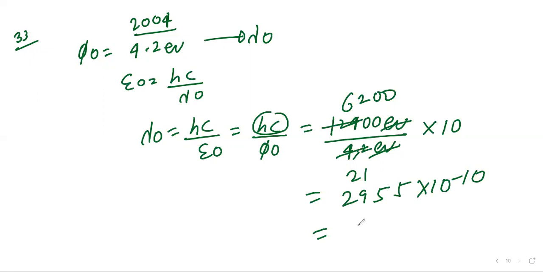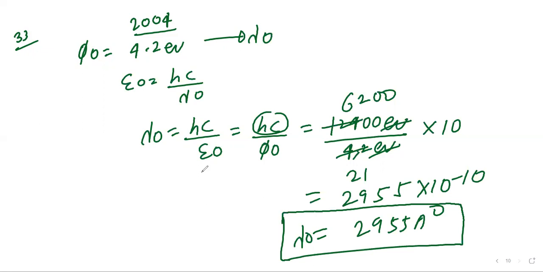So convert into meter. 2955 angstrom, write it down there. So this will be the threshold wavelength. Asked in 2004.